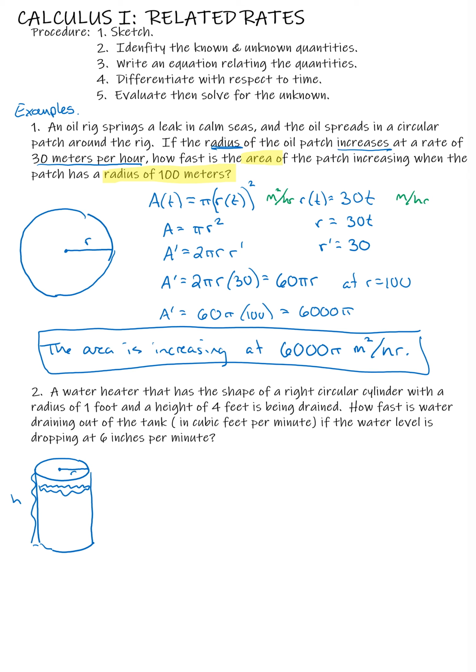All right, and what are we looking for? It says how fast is the water draining out of the tank? Well, what that means is we're looking at the instantaneous rate of change of the volume.